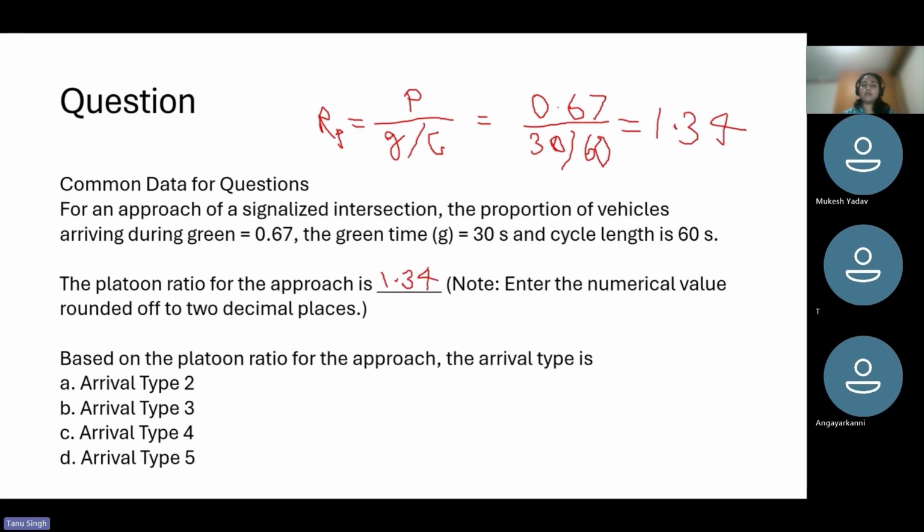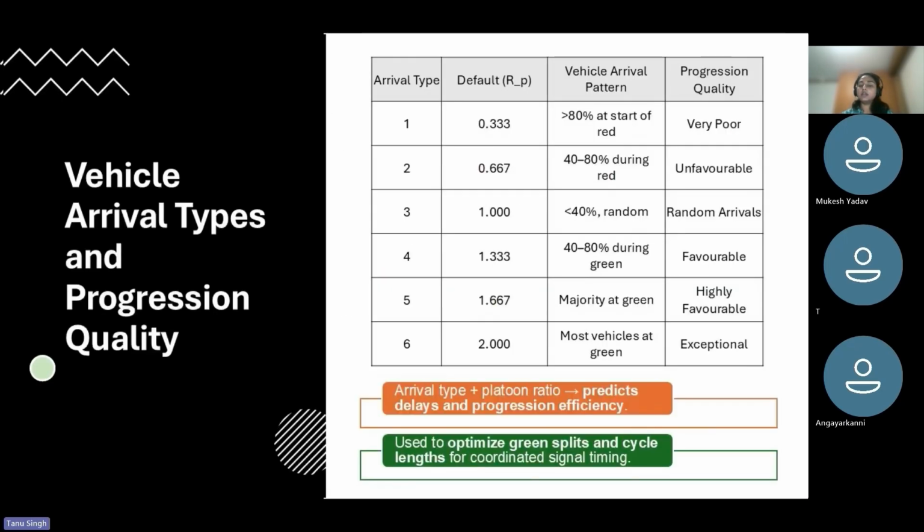Now we look into a table which says that, depending upon the platoon ratio, we define the vehicle arrival type. So let's go to that slide. So we got the RP value as 1.34, which is closest to 1.33.